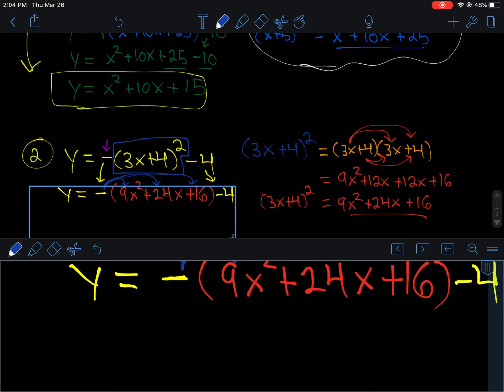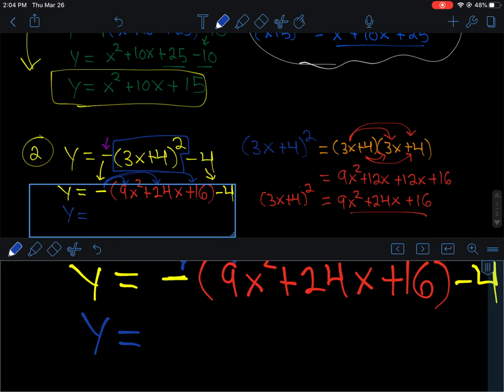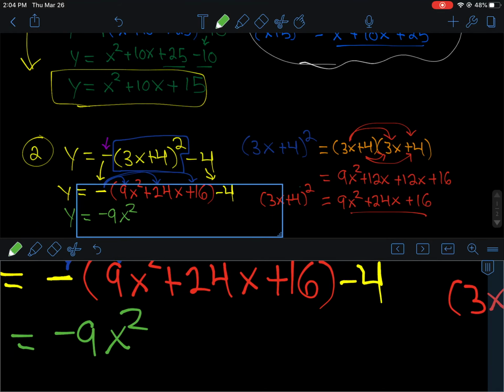So what I have here is y equals negative 9x squared. Clean it up. y equals negative 9x squared minus 24x minus 16. Now, if you did not have the parentheses, you would have messed up that problem.